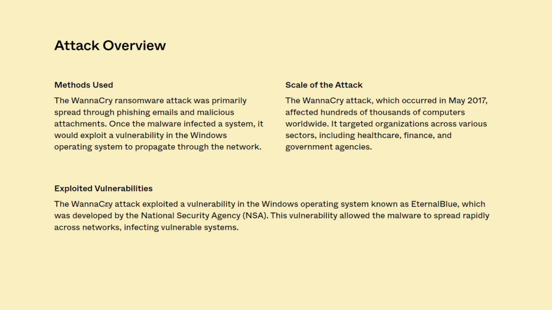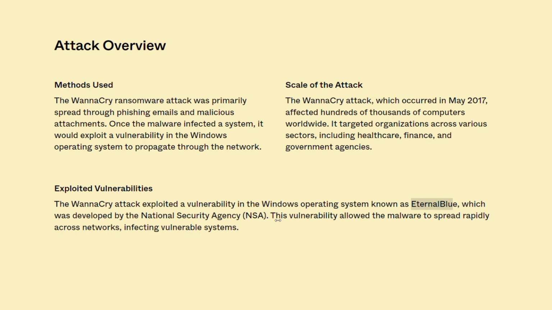Exploited vulnerabilities. The WannaCry attack exploited a vulnerability in the Windows operating system known as EternalBlue, which was developed by the National Security Agency.